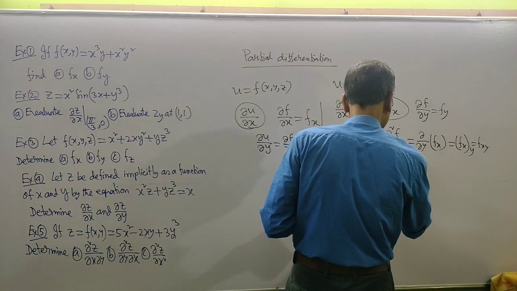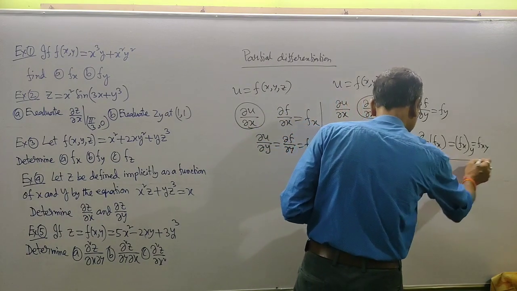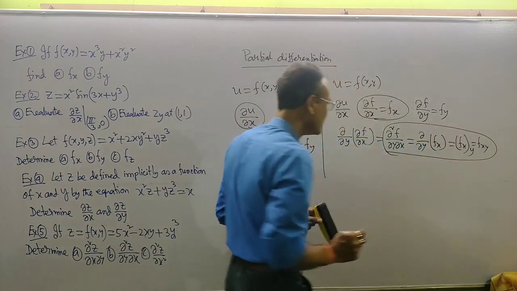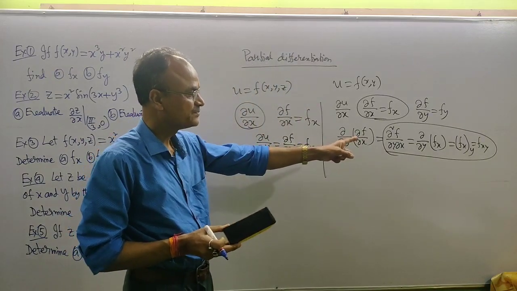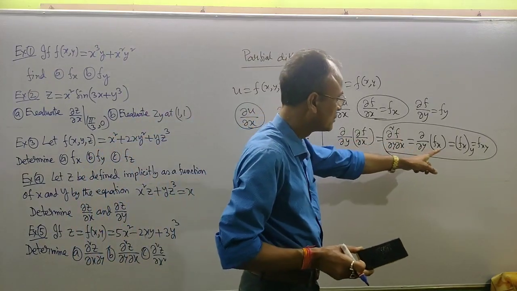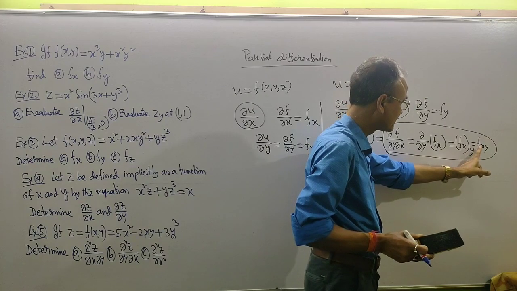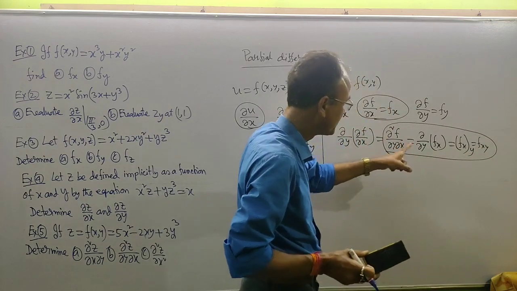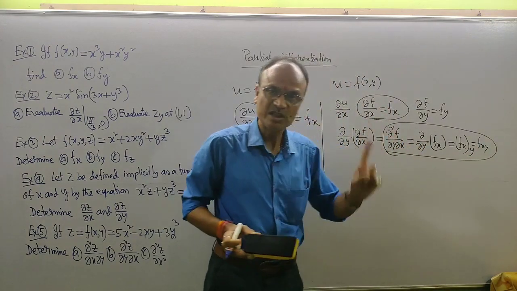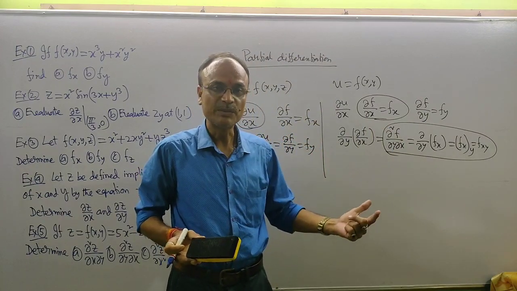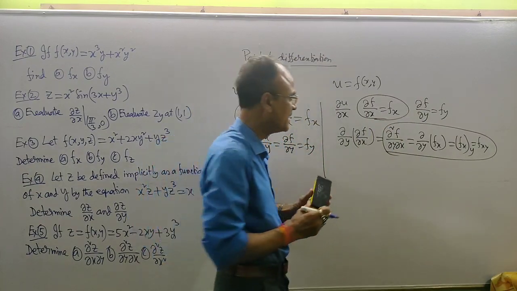Thus, del 2f by del y del x is written as this. We'll write it as f of xy, or first differentiate partially with respect to x, then differentiate partially with respect to y.